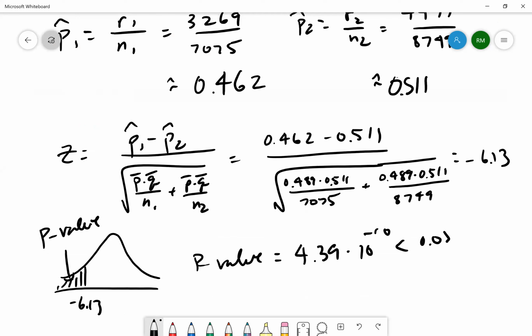Obviously less than 0.01, which is alpha.